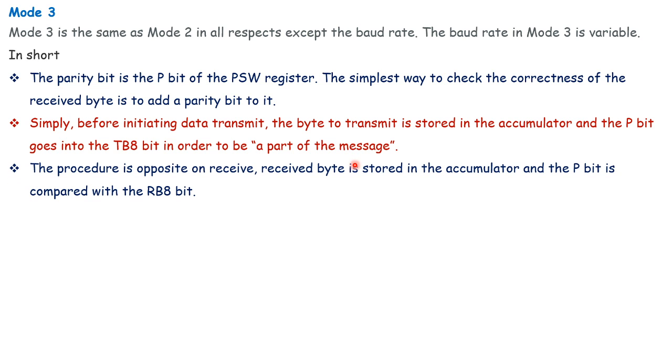The procedure is opposite on reception: the received byte is stored in the accumulator and the parity bit is compared with the RB8 bit. If there are no variations, the data received is correct. So this is mode 3.